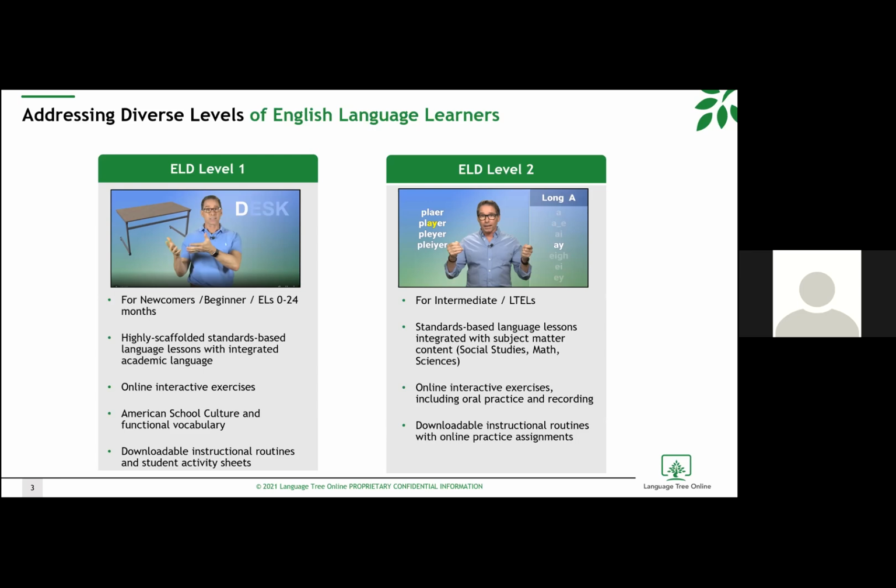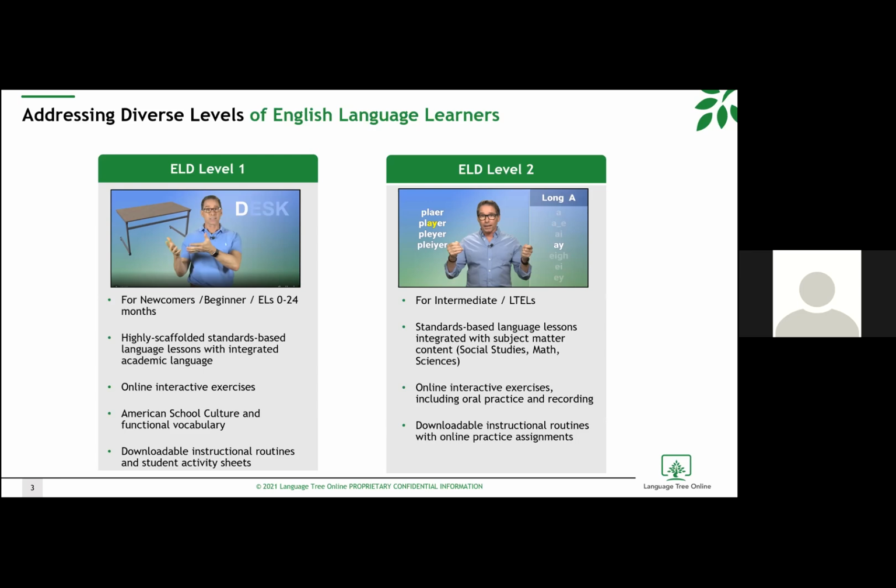The layout and structure is similar in both levels, in the sense that we have the standards-based assessments and the standards-based lessons. So going over to our ELD Level Two, this is really intended for our intermediate English learners and our long-term English learners.